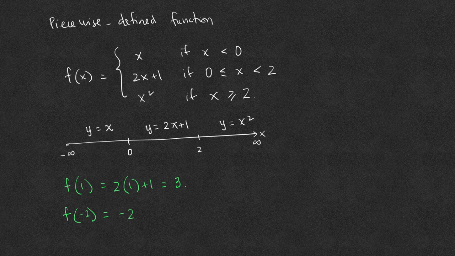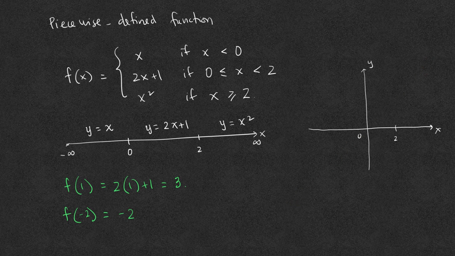To graph the piecewise function, we only graph the parts that are in the restricted domain. In this case, from negative infinity to 0, 0 to 2, and then 2 to infinity. On the left-hand side of 0, we only graph y equals x. Now the line y equals x would go from the left to the right and would go through the origin.